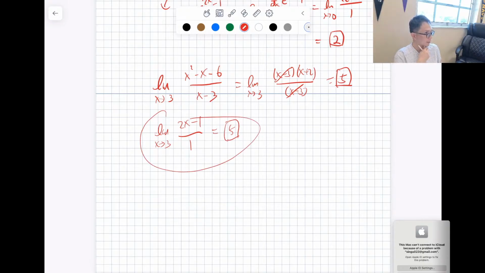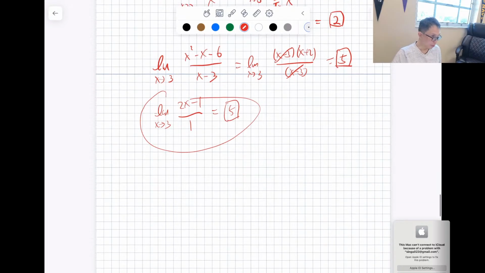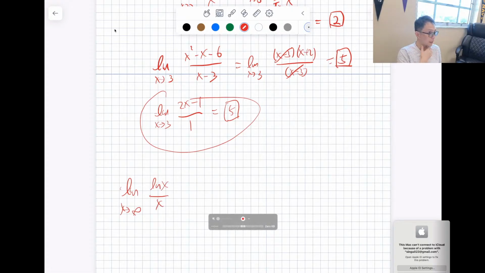Anybody can do this. Okay, let's try another one. What happens when the limit as x approaches infinity of ln of x over x? Now it's reaching infinity this time. This is easier than volume, easier than anything.